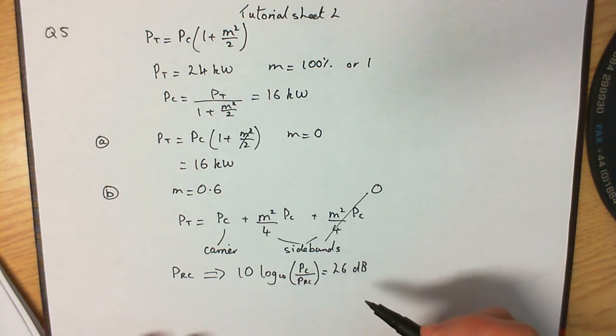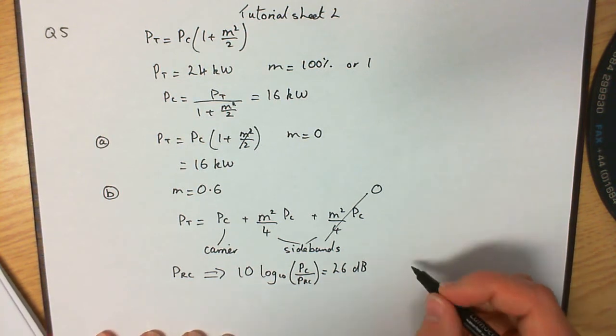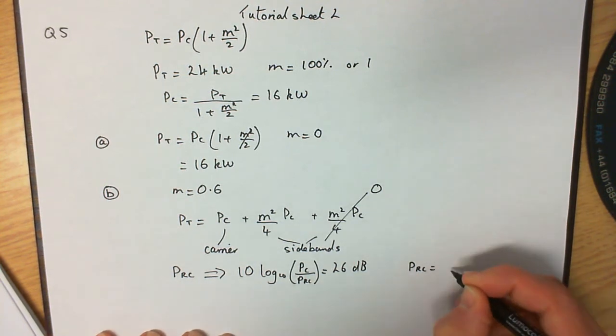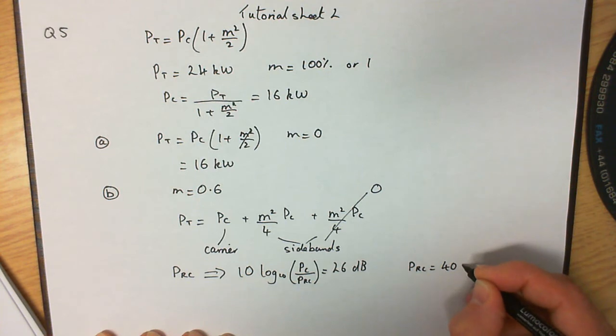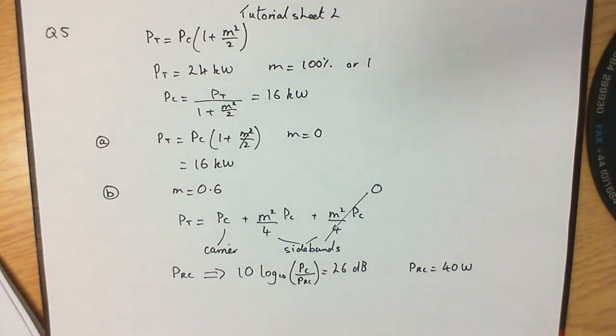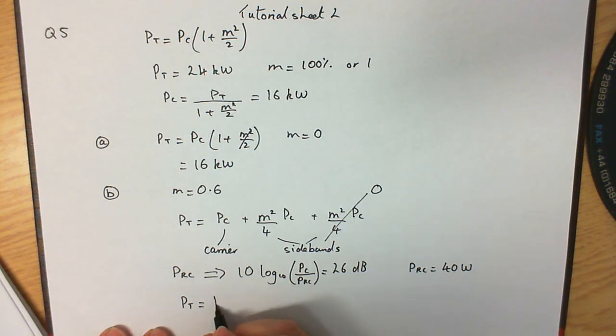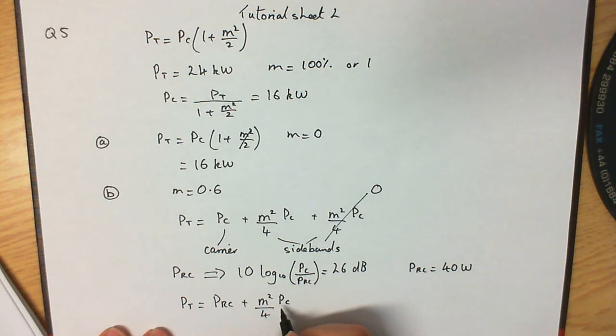And so if we work that out, we get that PRC is equal to 40 watts. Okay? So what we need to do now is work out what the total power is. Well, the total power is going to be the power in our reduced carrier, which is our 40 watts, plus M squared over 4 of our original PC.